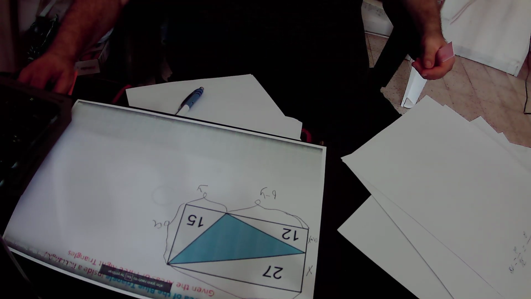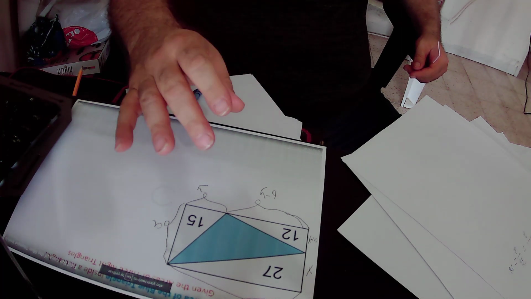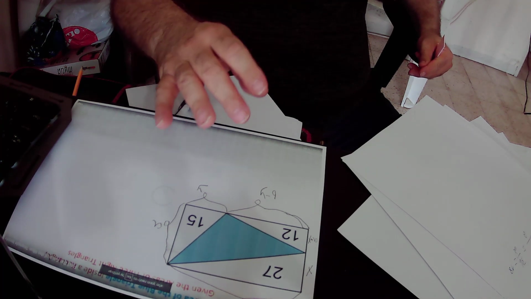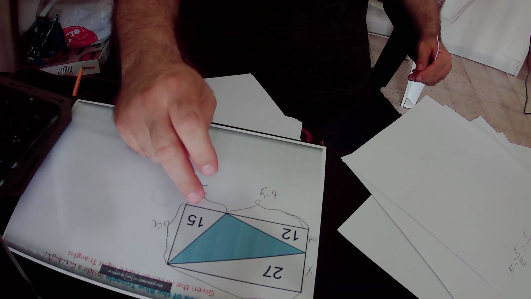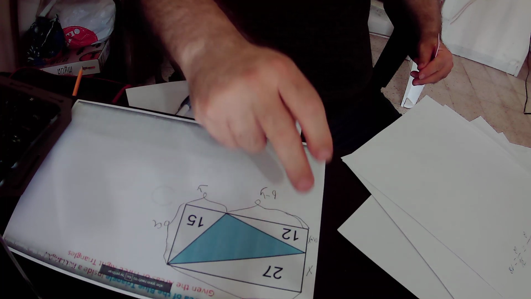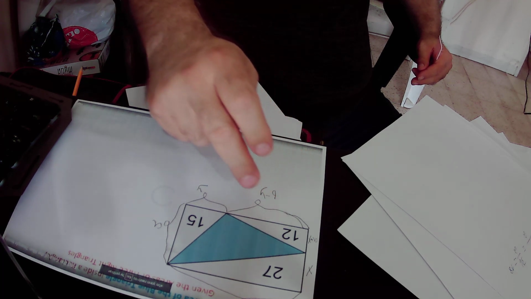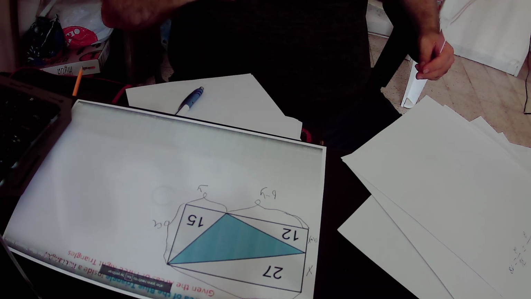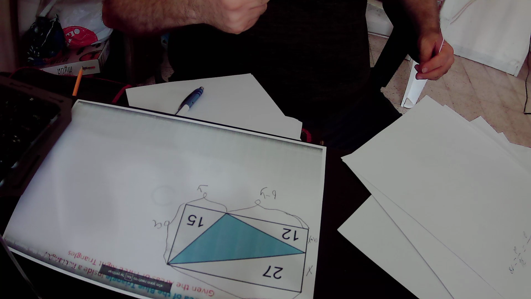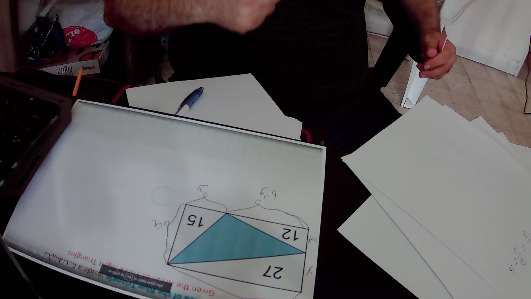But as you can see here, the area of the rectangle cannot be 18 units, because the rectangle itself contains 3 right triangles that have areas of 27 units, 12 units and 15 units. So the rectangle contains 3 right triangles whose total area is 54 units.